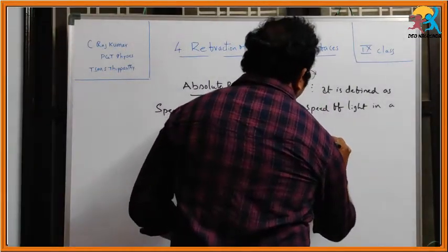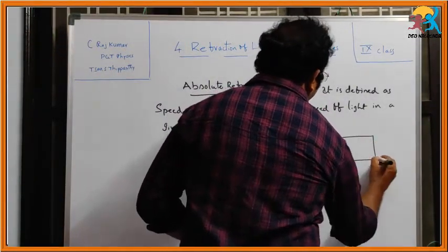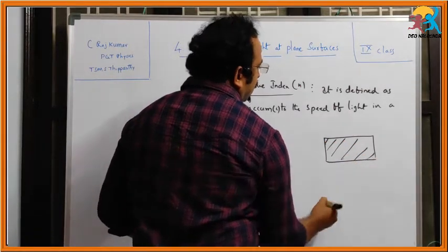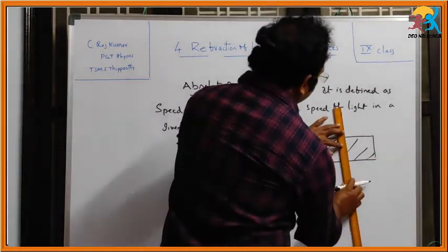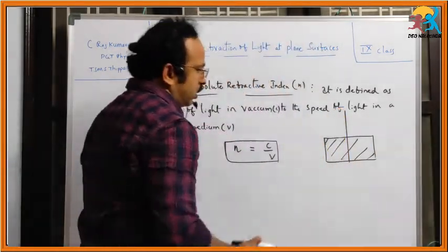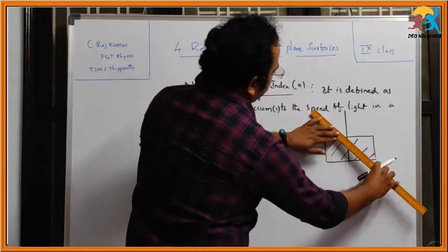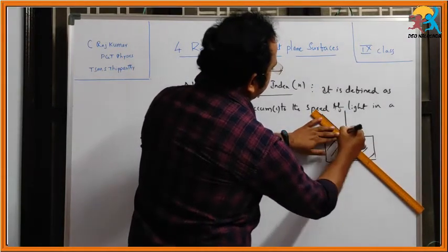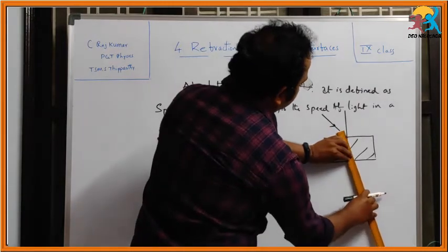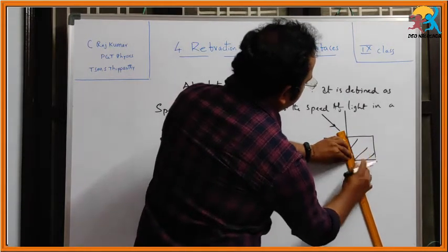For example, this is one medium we are having, a simple glass slab. The light ray is coming from here like this, and it bends in this direction.